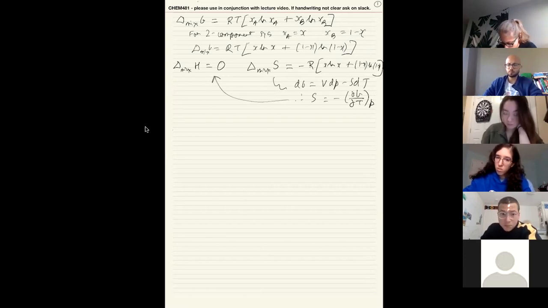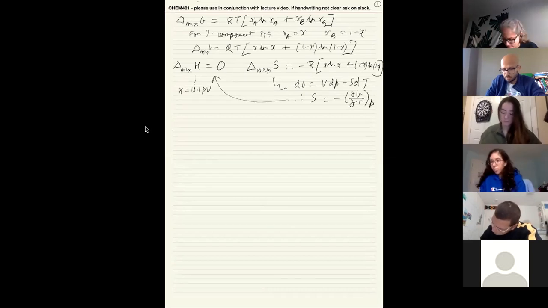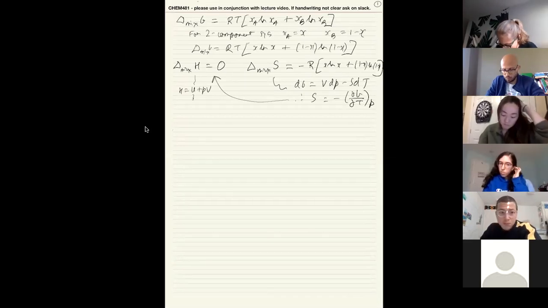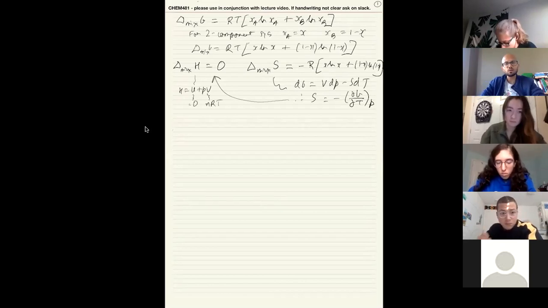There is no enthalpy of mixing. We also saw why this made sense intuitively. We saw that H is equal to U plus PV. It's an ideal gas, therefore U is equal to constant for an ideal gas. And if it's an ideal gas, PV is equal to nRT and temperature is equal to constant. So we kind of saw this beforehand, but we derived it rigorously.